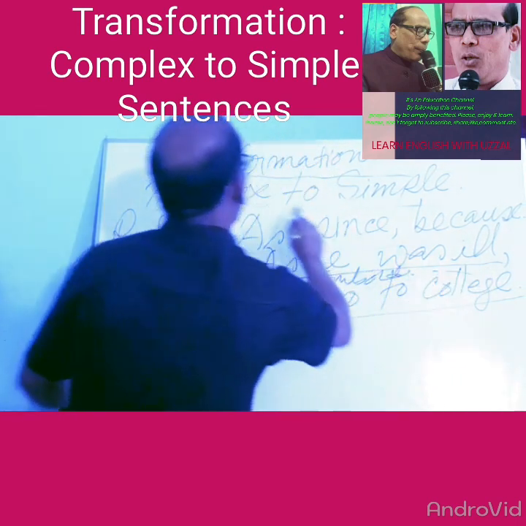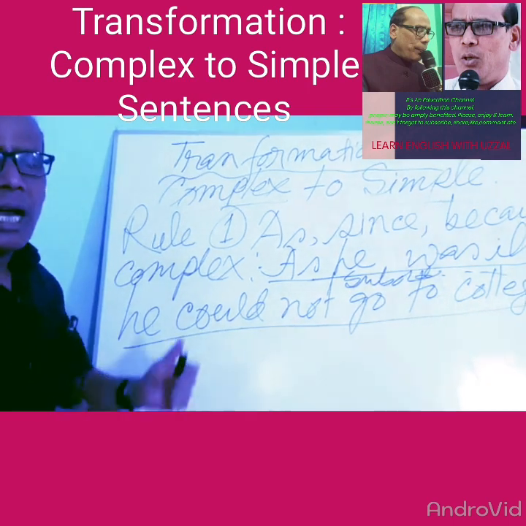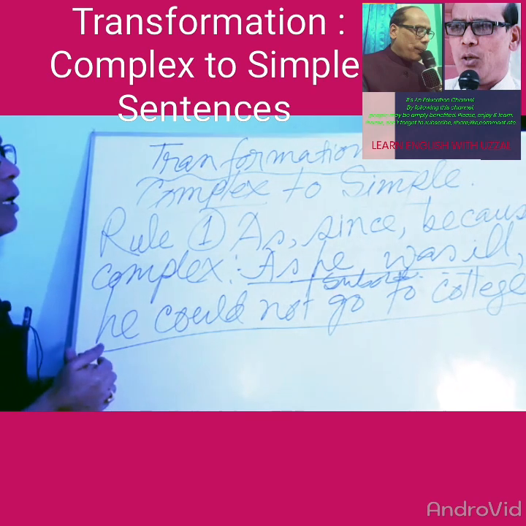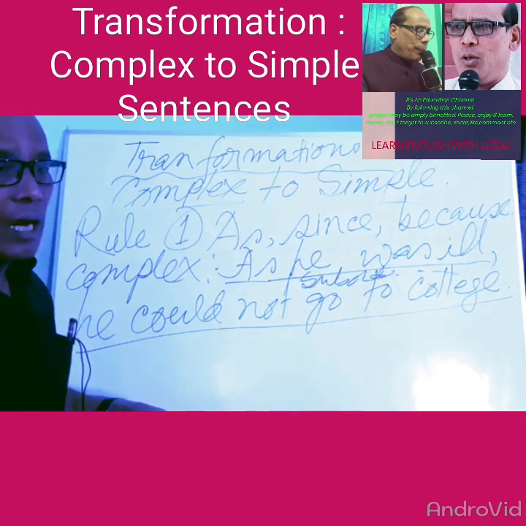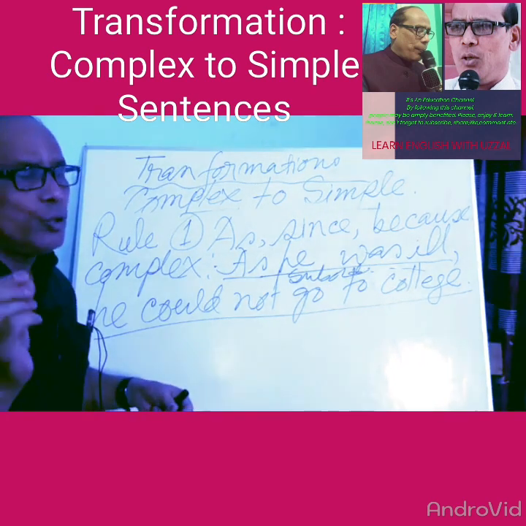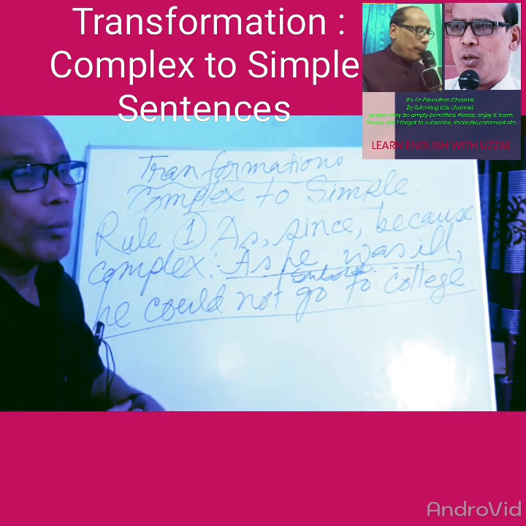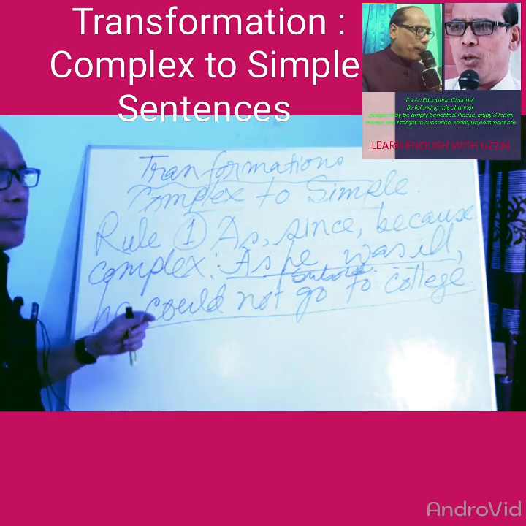Here, simple sentence, we'll have to use the ing form. That is present participle. Present participle is a form of a verb in which we add ing to the base form, any base form of any verb. That means ing verb.